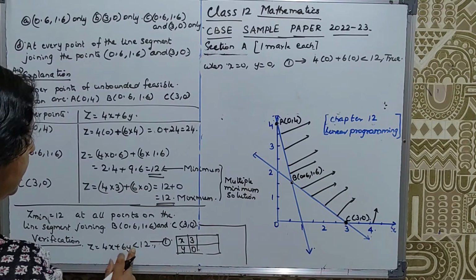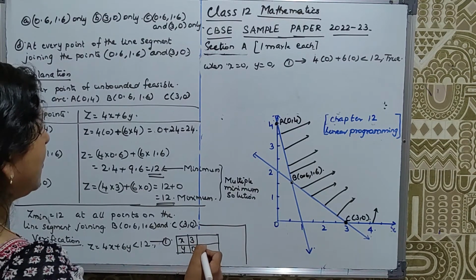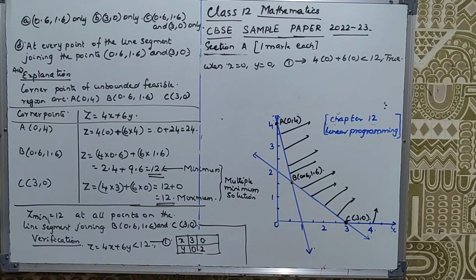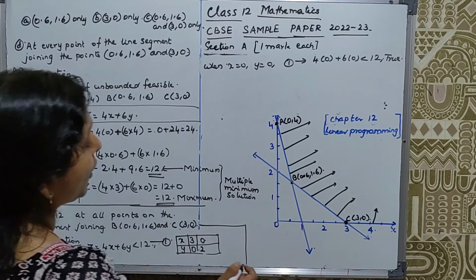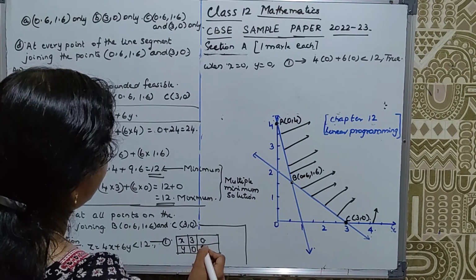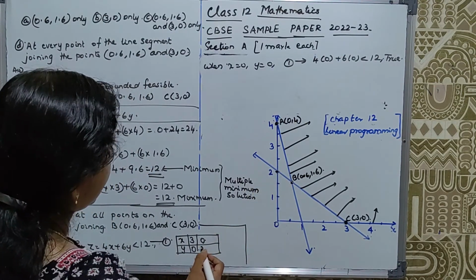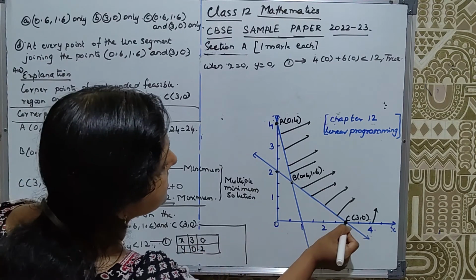Now 6 by 12 gives y value 2. Now we'll plot those points: x is 0, y is 2, and x is 3, y is 0.